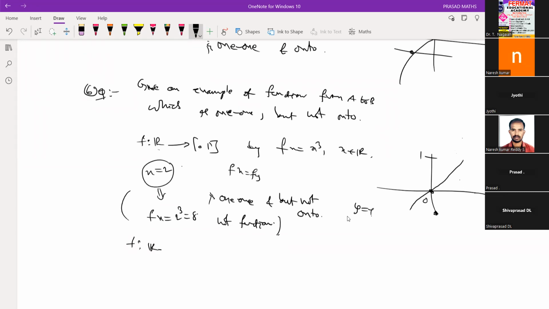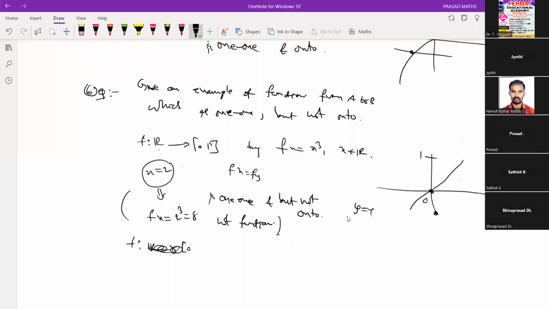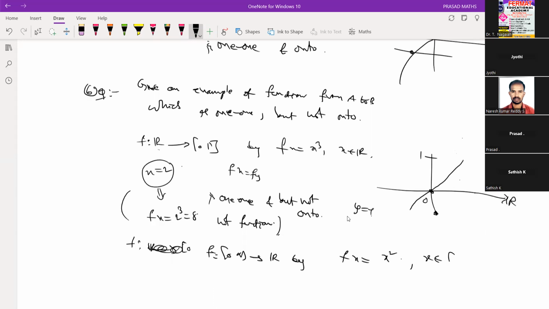Take whichever you like. One-one we want, but onto we don't want. Therefore we can take 0 to plus infinity. f(x) equals x square, right?